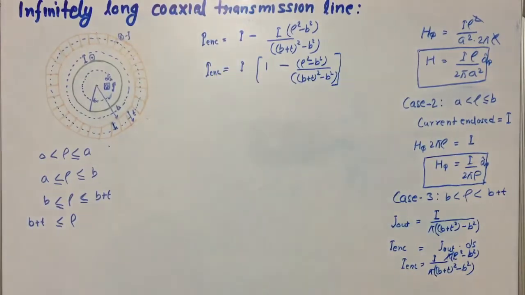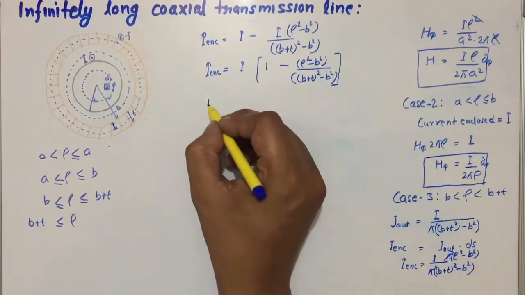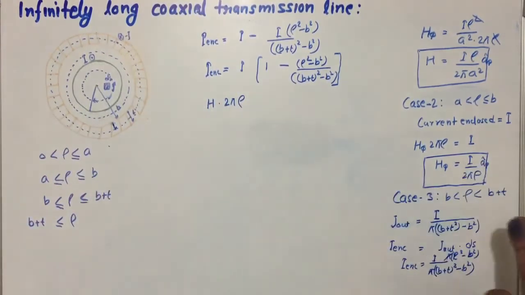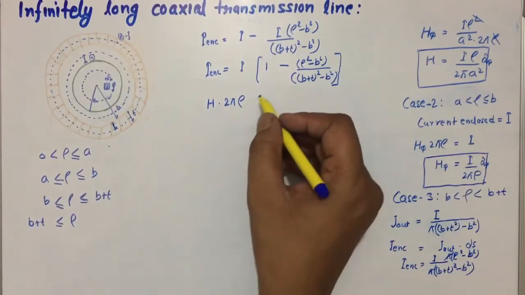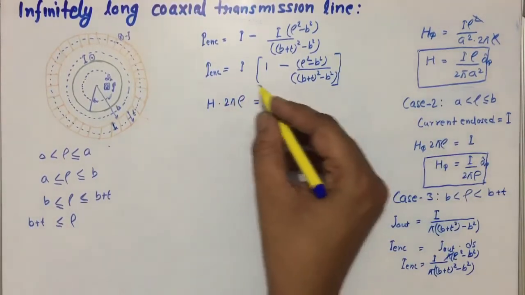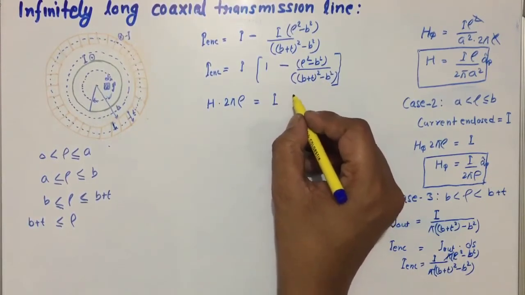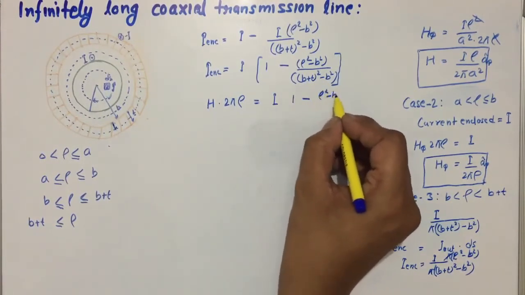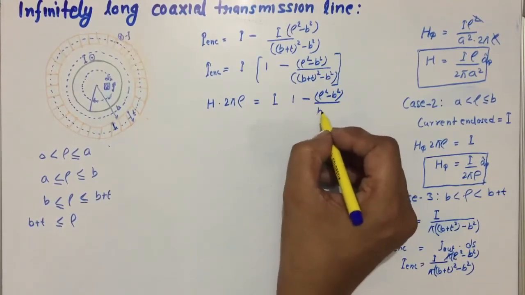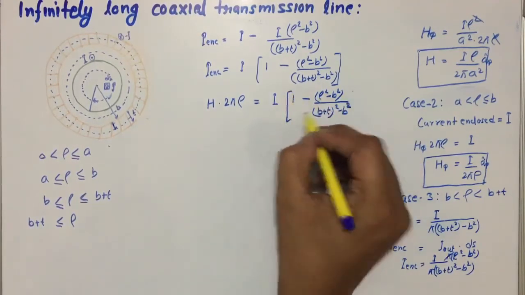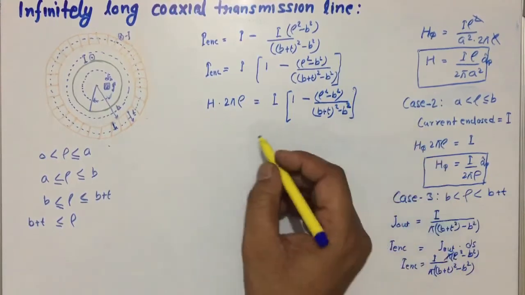This is I enclosed, and if we wish to find H, then H times 2 pi rho, as we have done earlier in different cases, will be equal to the I enclosed, that is I times 1 minus rho squared minus b squared divided by b plus t squared minus b squared.